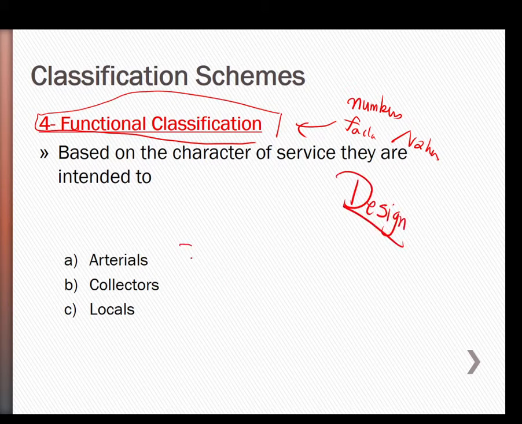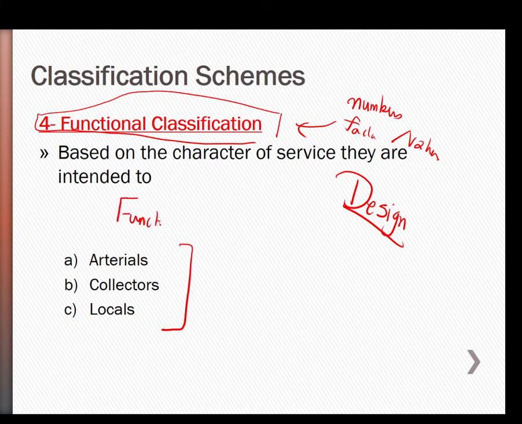Because each one of these has different design criteria, as they have different design components, exactly like we did when we said based on the design. So both are actually kind of the same, but again we look at it differently because we classify these based on their function.